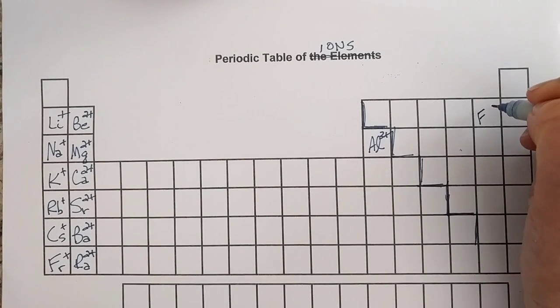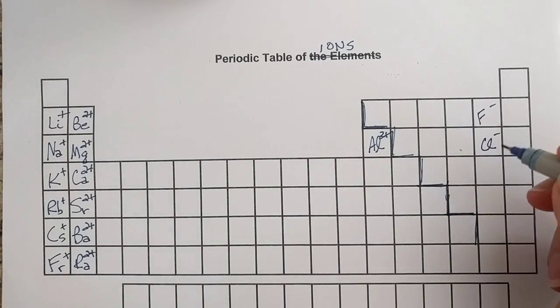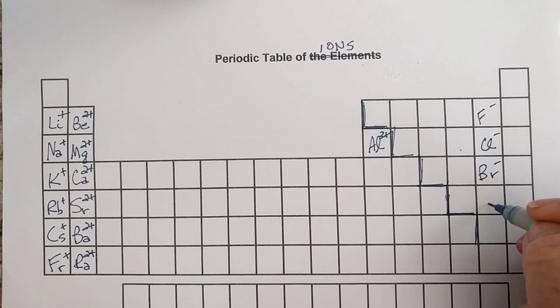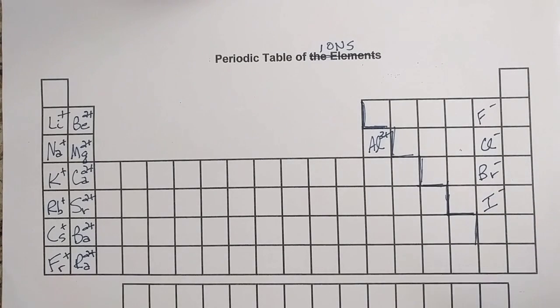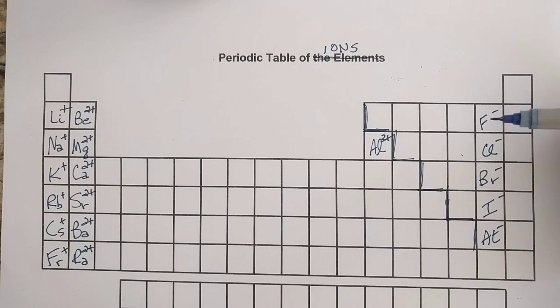So F- fluoride, Cl- chloride, Br- bromide, I- iodide, At-, I guess it's astatide or something. We won't be using that. And we don't really know the properties of some of these elements down here, so we're just going to stop there.